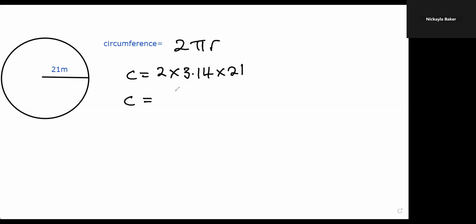C equals 2 times 21 times 3.14. Twenty-one times 2 is 42, so 42 times 3.14.